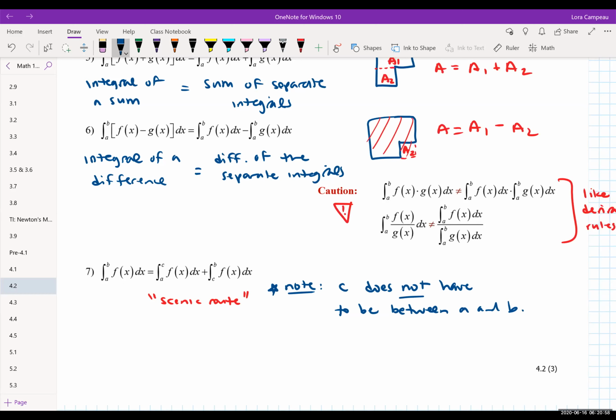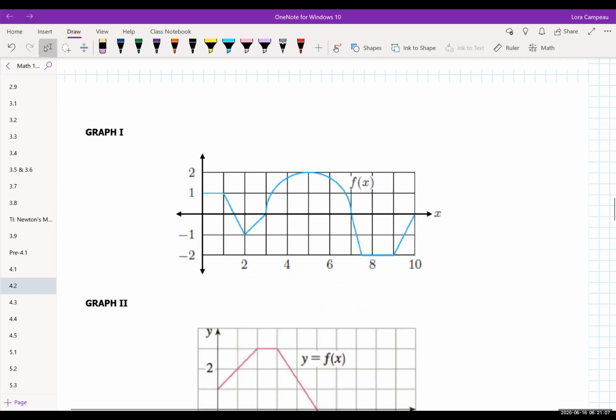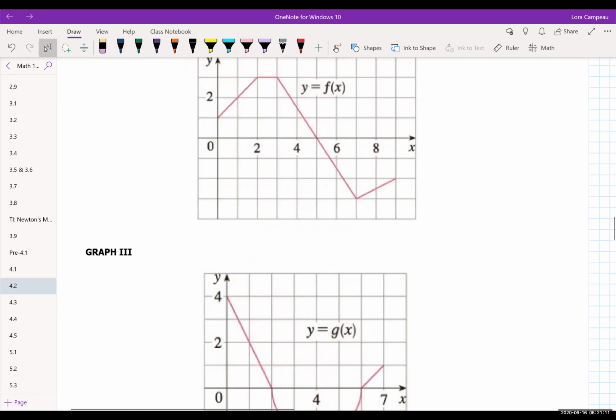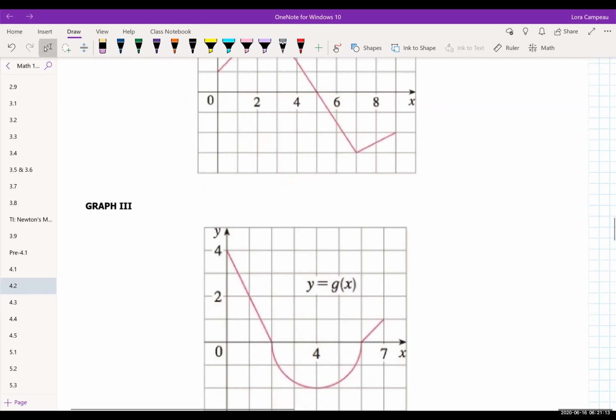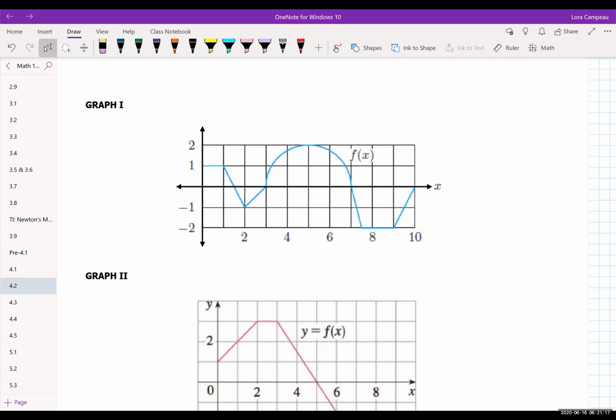Once we learn properties, that's great. It gives us a little more power if we were to try to find areas of more complicated shapes, as we have in graphs 1, 2, and 3. You might be able to utilize these properties to help us figure out what areas are.